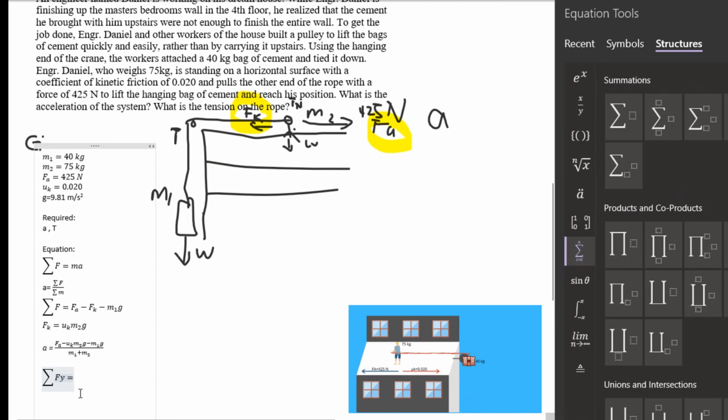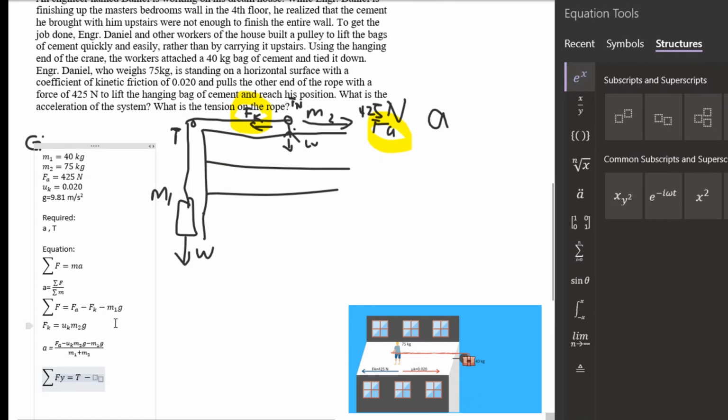We all know that for computing the tension force, there's the tension minus the weight of the object. Therefore, we're going to utilize the mass sub 1.